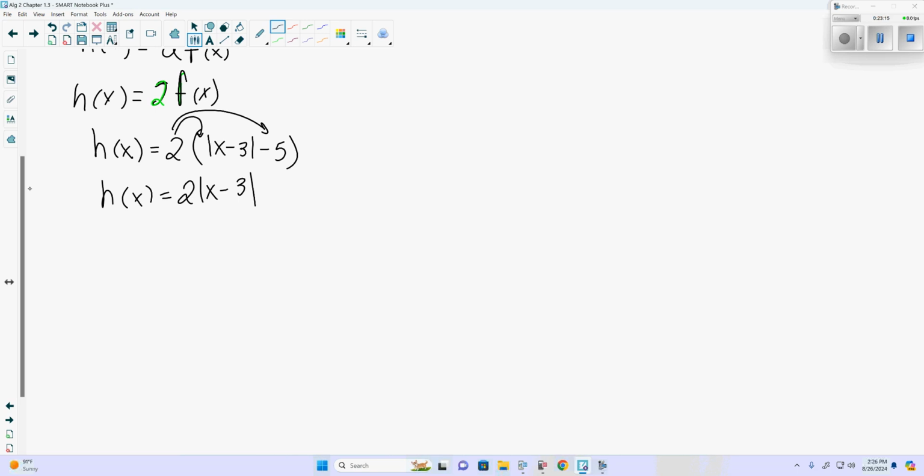We're just going to leave it in front. Now 2 times negative 5 is negative 10. That's it. Questions on this here before we look at the next one? Or do we feel good with this here?